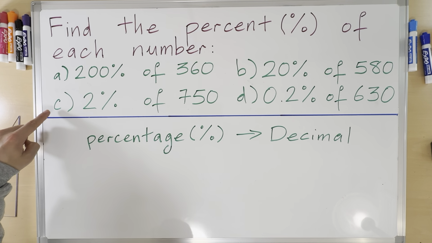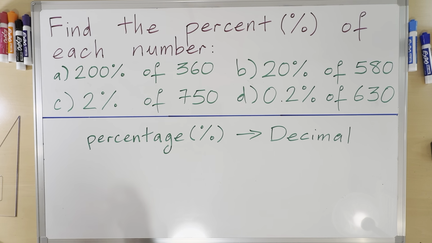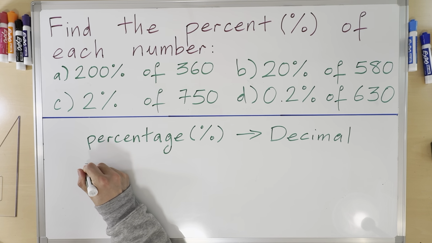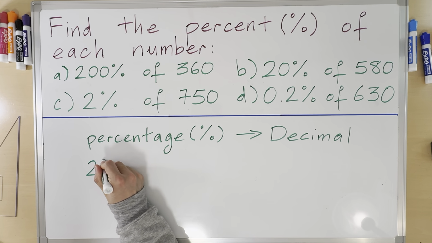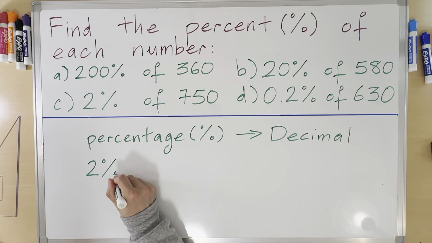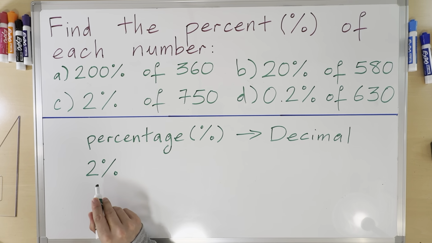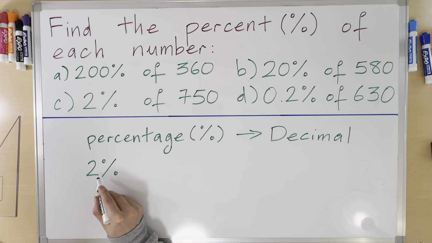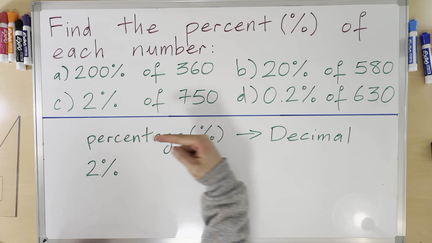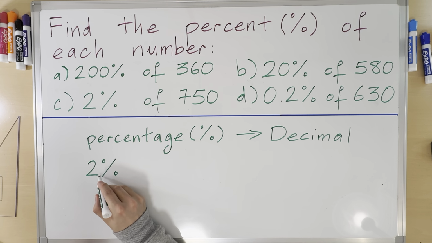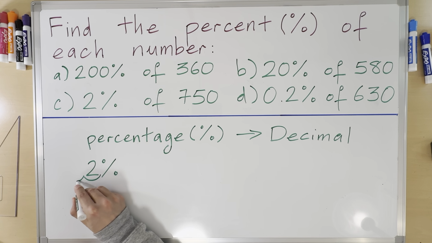Now let us solve problem C. 2%. Let us start off by converting this number from a percentage format to a decimal format. So the decimal's right here, and what we want to do is move it 2 digits to the left. 1, 2.